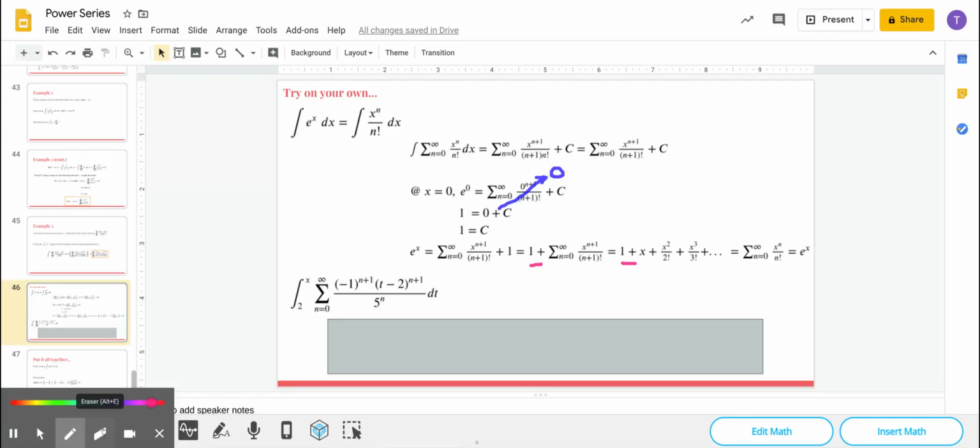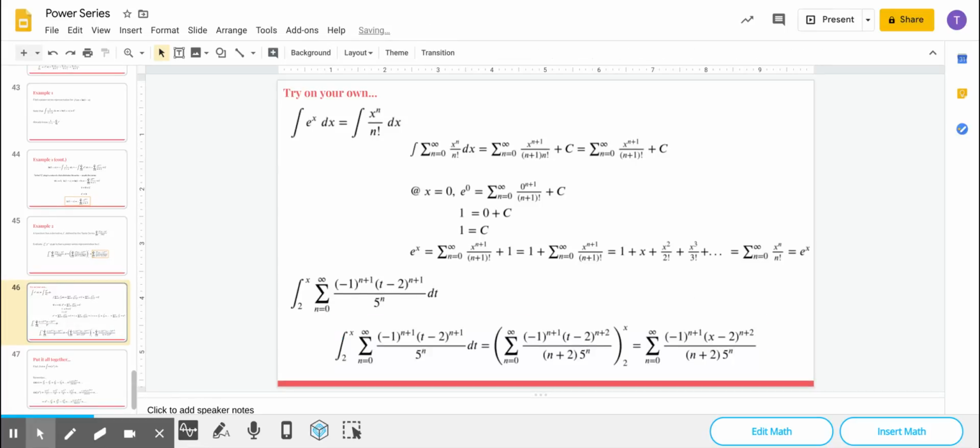So that does work out, which makes sense because we know the integral of e to the x is e to the x, and so they do have to be equal. Just kind of an interesting process there where I have e to the x is equal to 2 different power series possibilities.